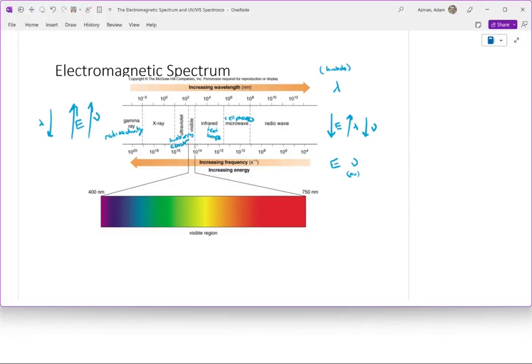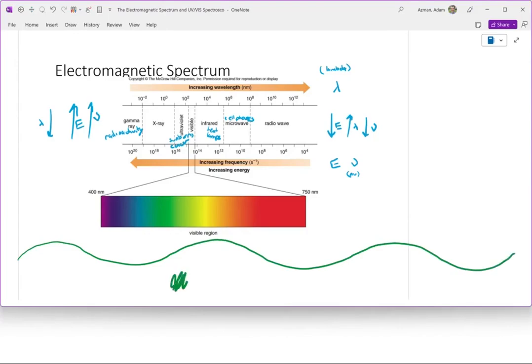So let me give you my best tip for remembering the trends. Long wavelengths are very low energy, and short wavelengths are very high energy. So if you have a range of light that's very low energy, very long wavelength, it has a very low frequency.